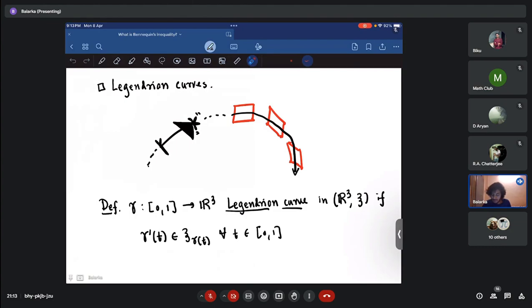You say it's a Legendrian curve if the derivative of the curve lies on the contact plane passing through that point, and this is true for each time. Is that definition clear? Are there any questions? It's fine. Okay, cool.